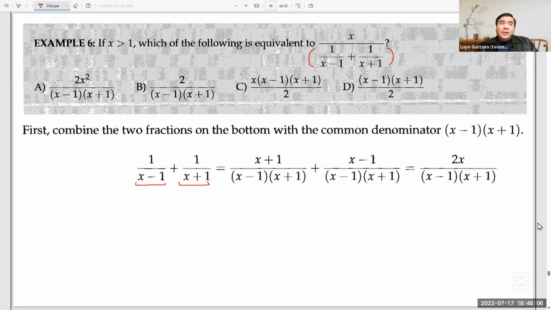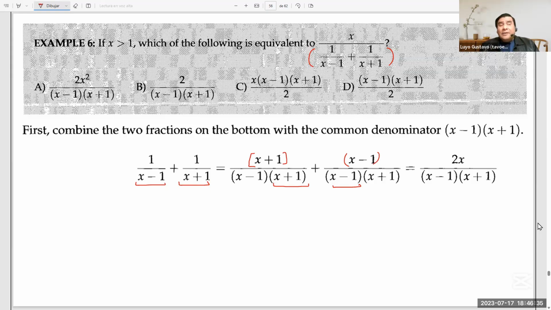But converting the first fraction to the common denominator implies that we multiply the denominator by this factor, so we have to multiply the numerator by the same factor as well. In the second fraction, converting to the common denominator implies multiplying it by this factor, so the numerator 1 has to be multiplied by the same factor as we are multiplying in the denominator.